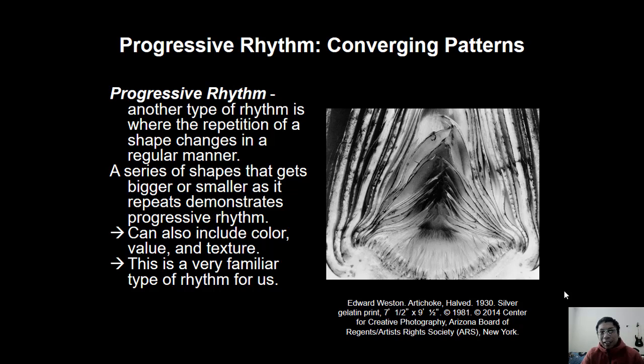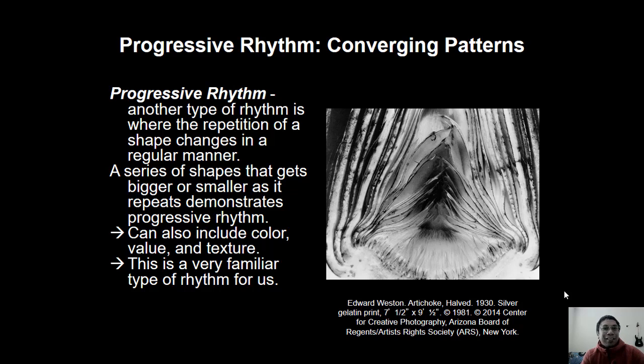I'm guessing if you think about other similar things, you can probably find the same type of progressive rhythm. Maybe if you think about pineapples, they too have those outer textures that slightly curve out. Maybe if you think about palm trees.